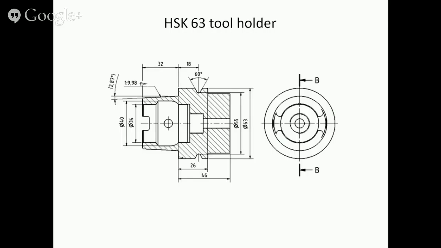The hollow taper HSK has got a different design. Its taper of approximately 3 degrees is also self-releasing. Mark that the wall of the taper is relatively thin.